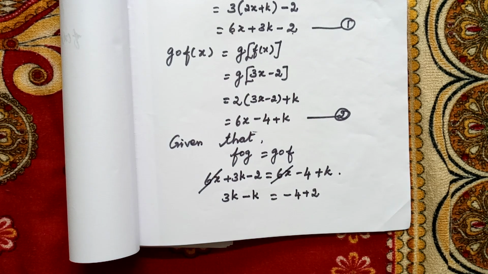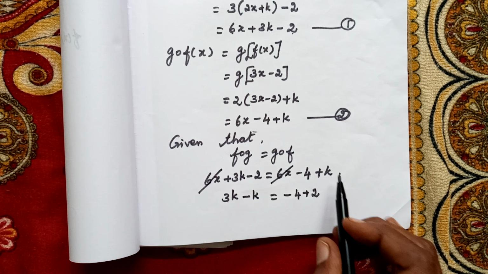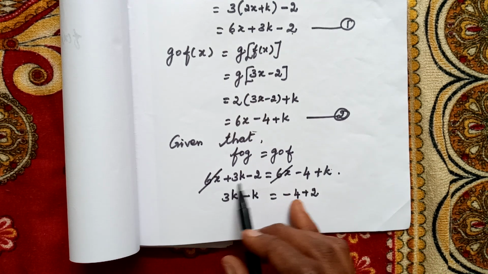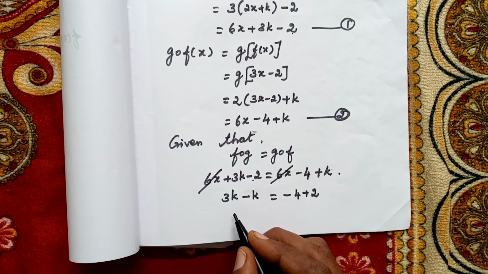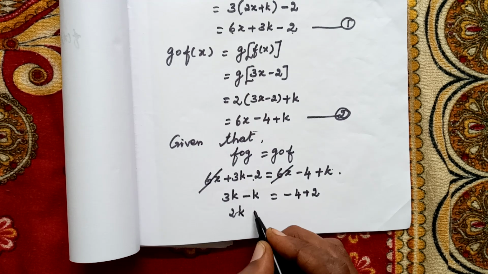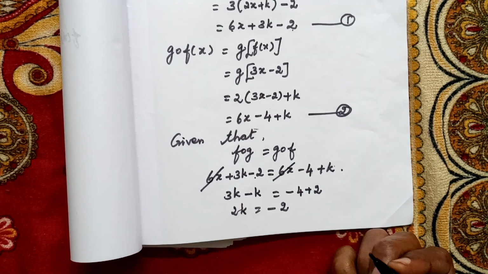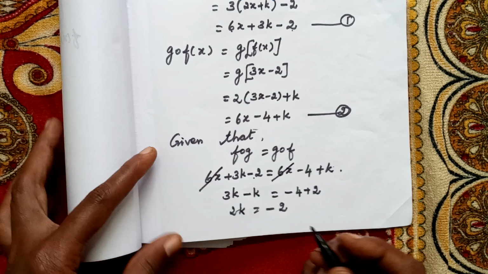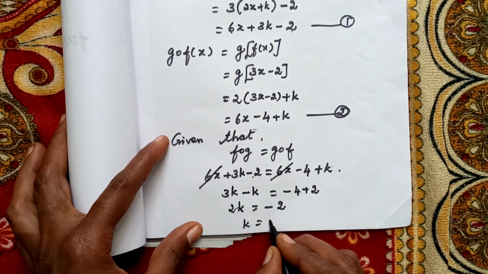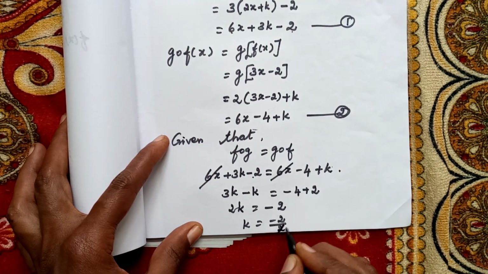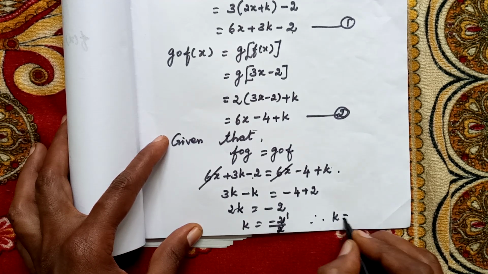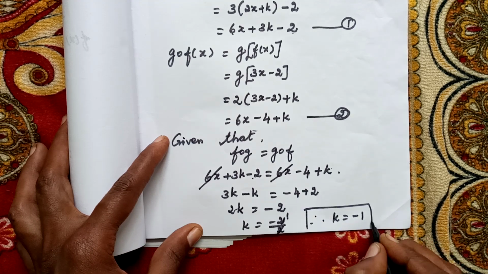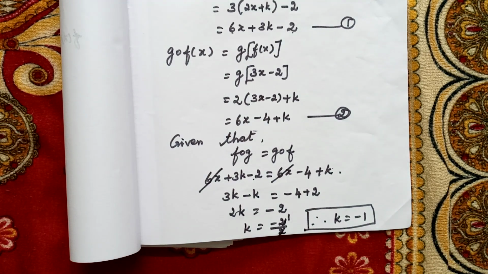Take the k values to this side and the constant values to the other side. So 2k is equal to minus 2, k is equal to minus 2 by 2. Therefore, k is equal to minus 1 is the answer. What's the value of k? k is equal to minus 1.